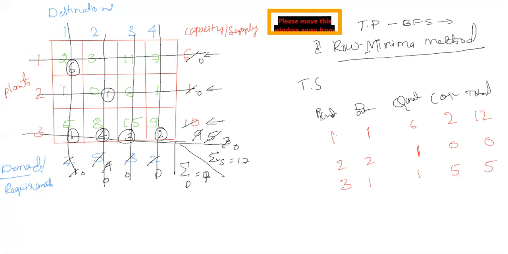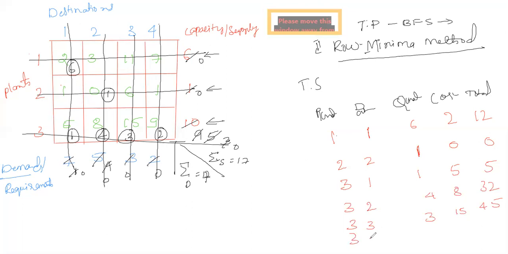So this will be equal to 5, and 4 comma 2. The quantity is 4, the cost is 8, 4 into 8, 32. And similarly 3 comma 3, the quantity is 3, the cost is 5, so it will be 15.